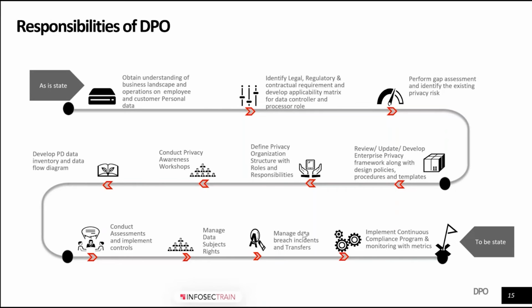So understanding the business landscape is very, very important. The type of sector we work in, the type of mandate we have, the type of data that we deal with will change very rapidly based on the different types of sectors. For example, the health sector handles health data, which is your PHI.